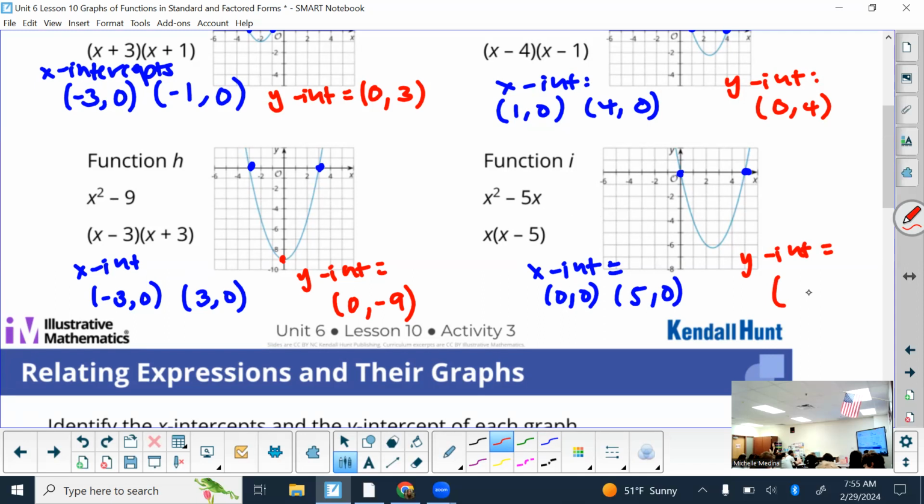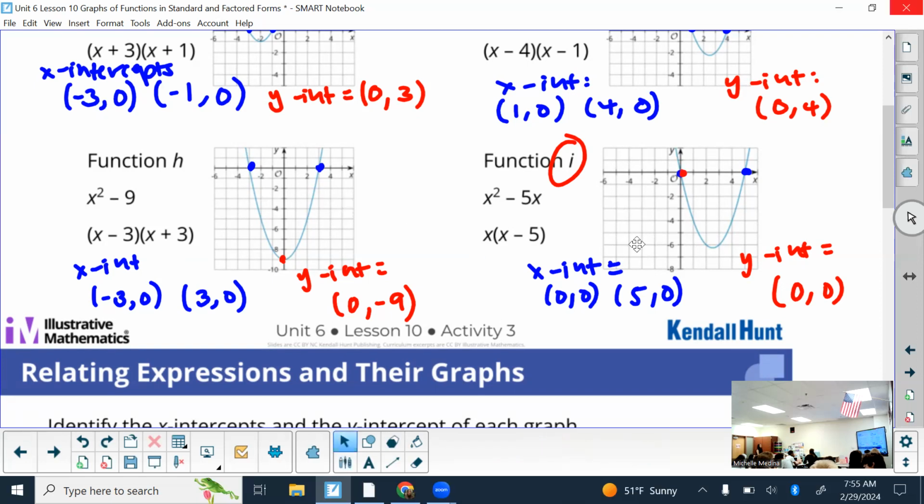Does it touch on the y-axis for function i? Are we looking at the right one? 0. This one happens to have a y-intercept and an x-intercept that match because it goes through the origin. And then it touches nowhere else on the y-axis.